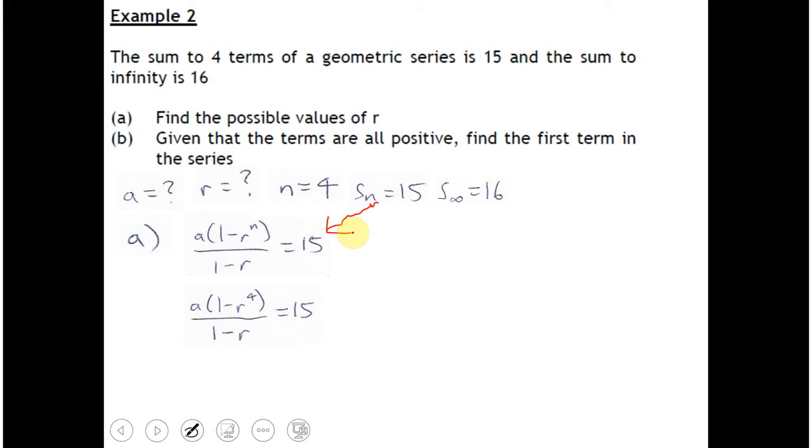Sticking in n equals 4, a times 1 minus r to the 4 over 1 minus r is equal to 15. And then we do the same thing with the sum to infinity. So the sum to infinity is 16. Replace the sum to infinity with its formula. So a over 1 minus r is equal to 16.